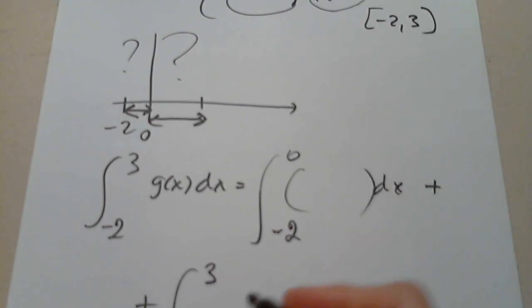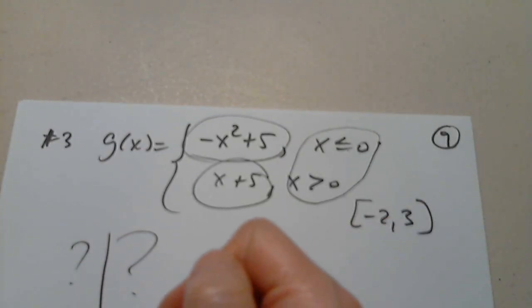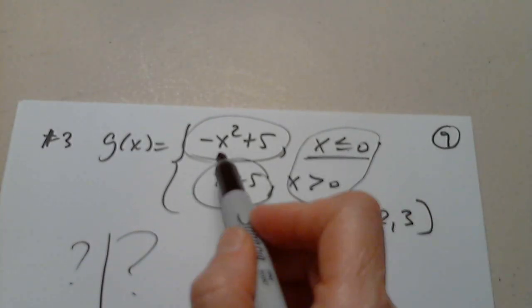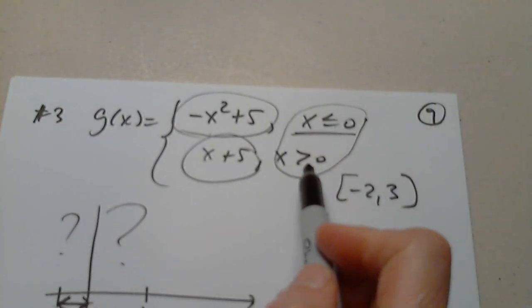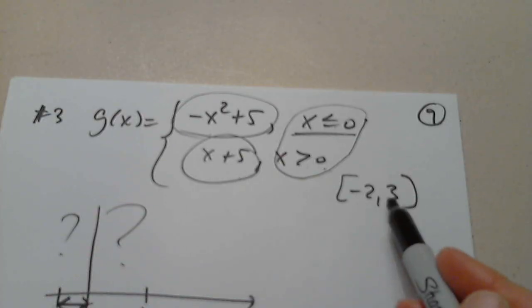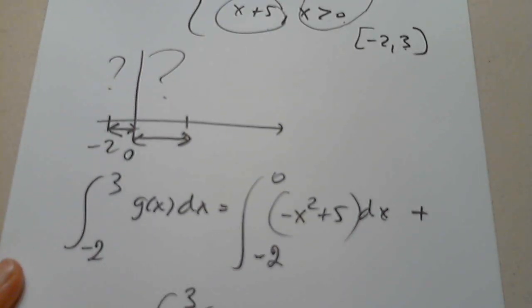And these are different functions. Why? Because between -2 and 0, I have this function. And to the right of 0, from 0 to 3, I'll have this function.